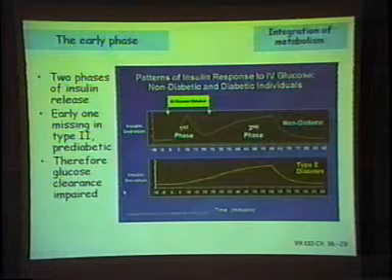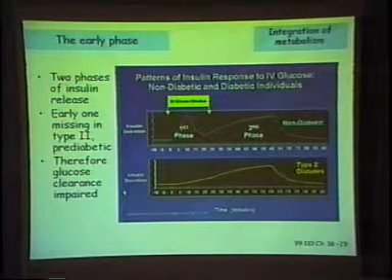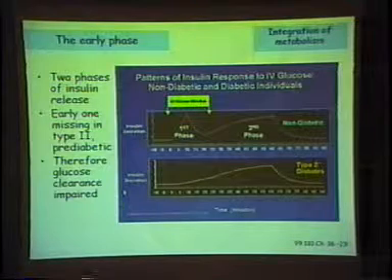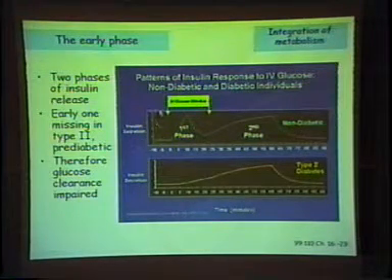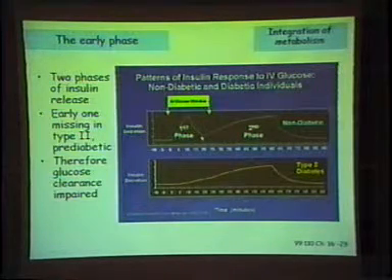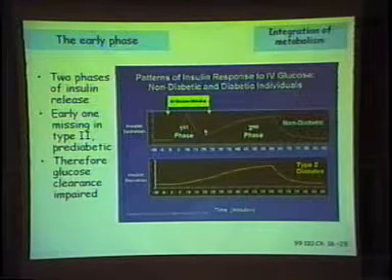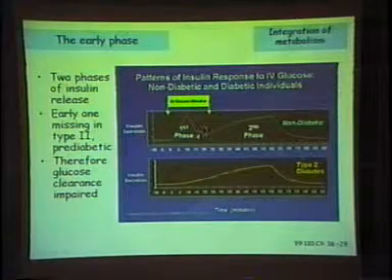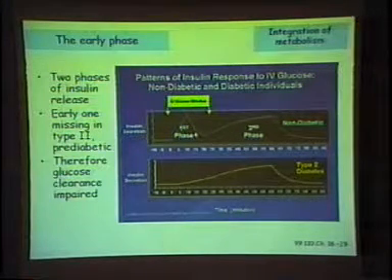Now, part of what makes this tricky is there are actually 2 phases of insulin response to a meal. If you look at a normal person, you have the meal, there's an early phase of insulin response that's independent of blood glucose, basically, very close to it. It's a phase that is related to the act of eating, almost.